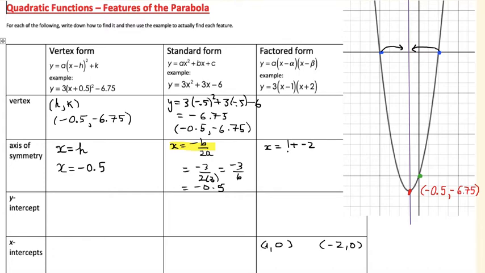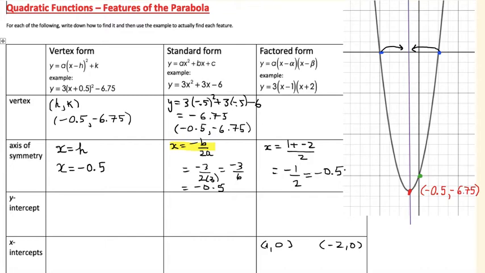So 1 plus negative 2 over 2, and you see what's happening. This is negative 1 over 2. Of course, we get the same, negative 0.5 again. Again, a little note to add as your bubble is that in the factored form, average out the x-intercepts.